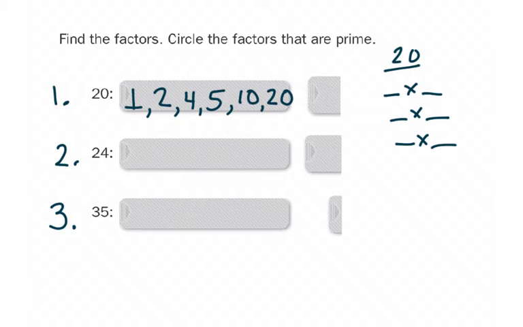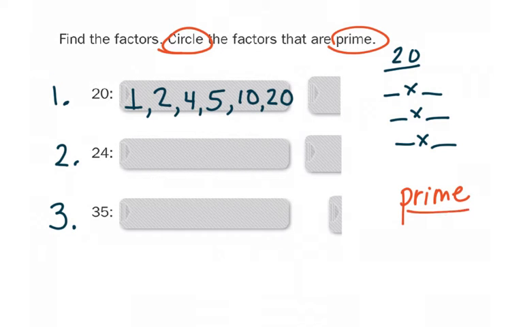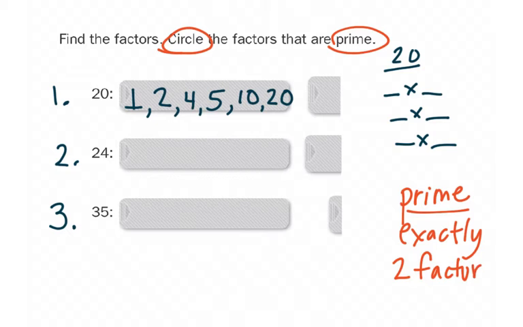So you will write out the factors for 24 and 35. Then it asks you to circle the factors that are prime. Remember, prime means they have exactly 2 factors, and those 2 factors happen to be 1 and itself.